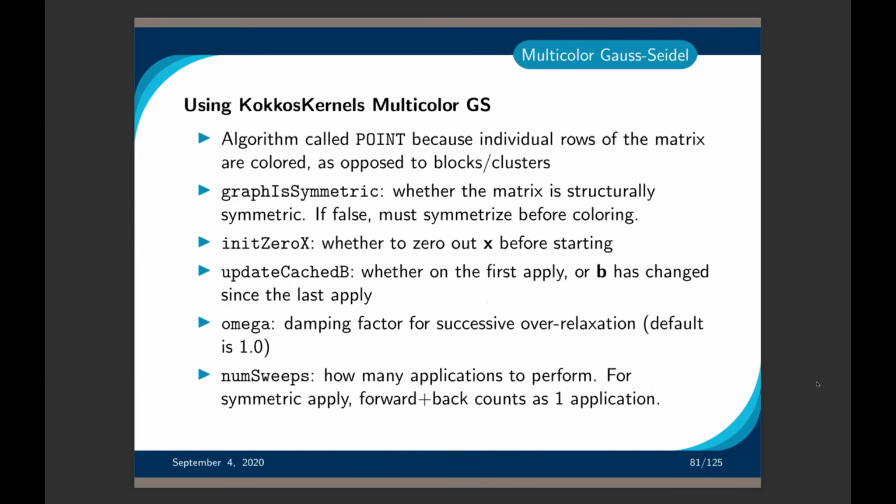Update cached B is whether or not to recognize that B has changed since the last apply, or if it's just the first time applying on this system. That's because some of these algorithms, like multicolor, will internally store a permuted version of B to speed up memory accesses. And then omega is the damping factor for successive over-relaxation. So you can put in anything for that, and of course the default is 1.0. And the number of sweeps is how many times to apply. For symmetric, the forward and backward counts as just one.